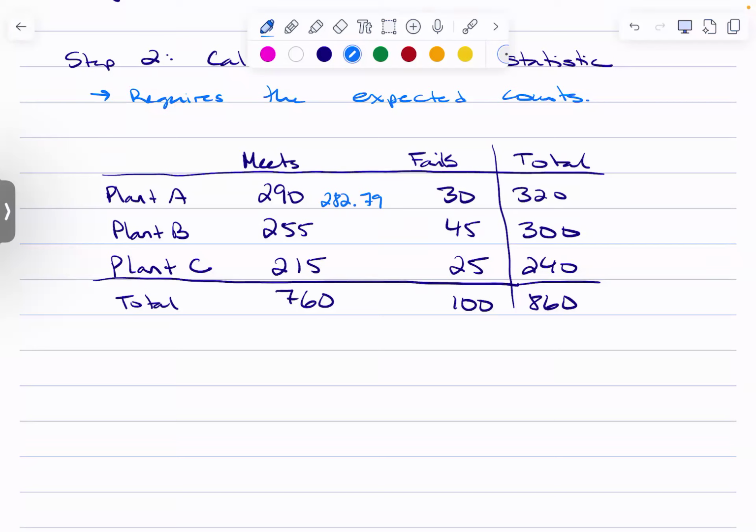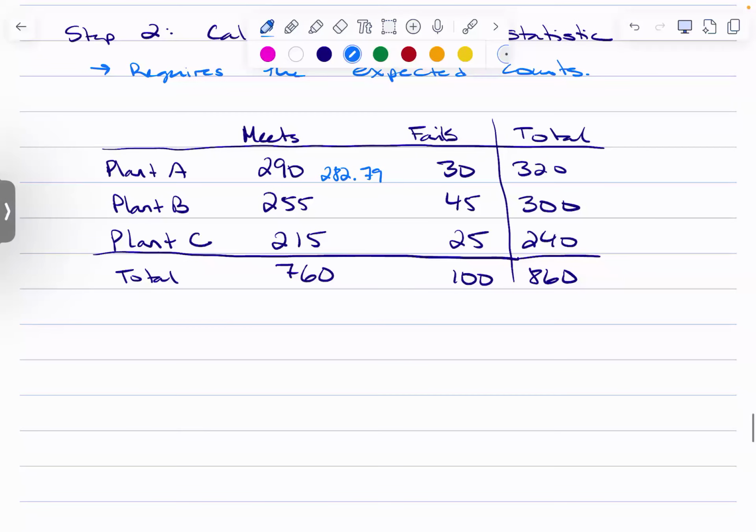Now, each of these expected counts are all going to be different. So 320 times 100 divided by 860. Oops, not cosine. Math. I expect 37.21.